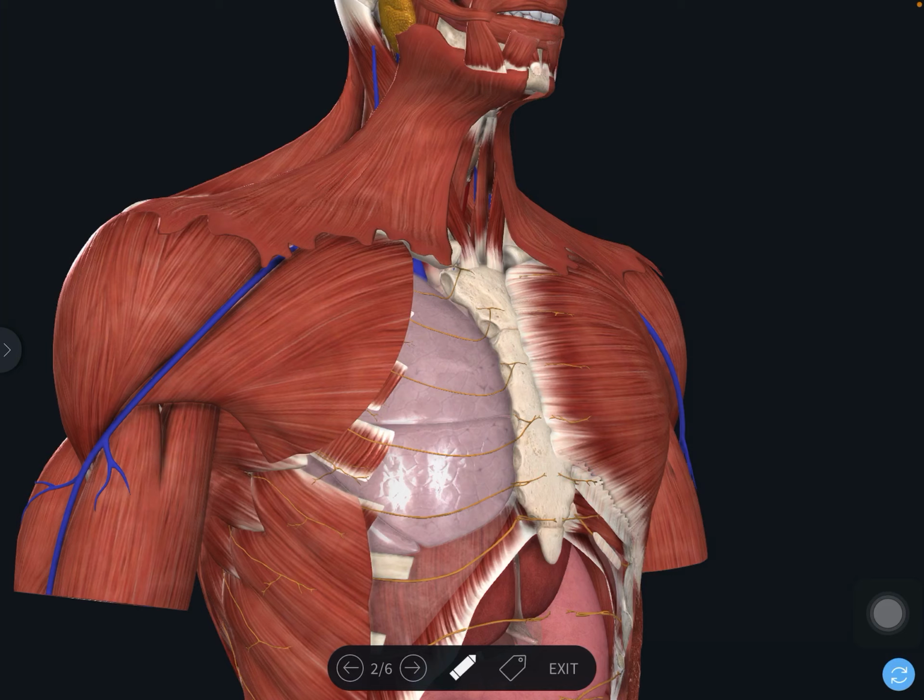Branches: communicating branches and distributing branches. Communicating branches are the ganglionic branches connected with the corresponding sympathetic ganglion and also communicate with the adjacent intercostal nerves. Distributing branches: collateral branch which runs in the same intercostal space, which may unite or may not unite with the trunk.